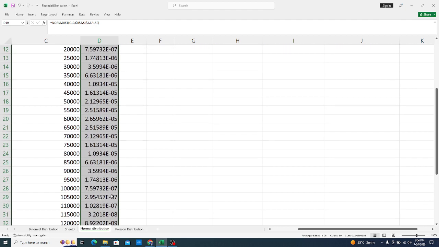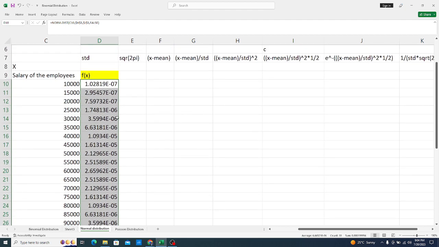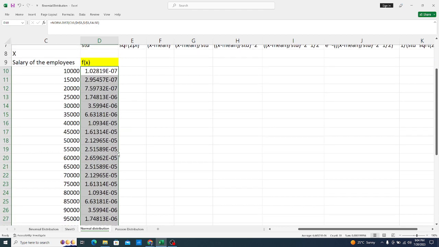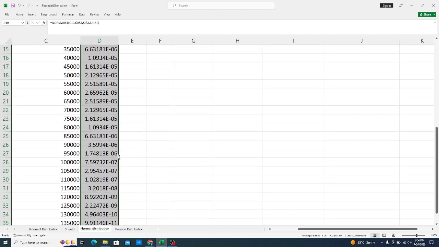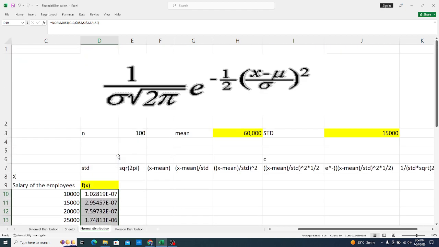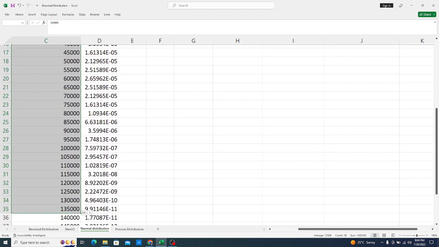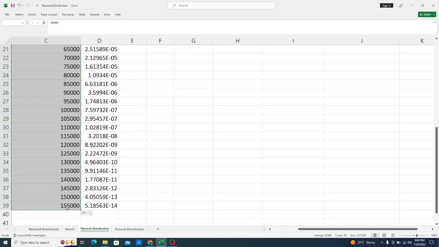Then you can see how the probabilities are looking. They are very small. If they are small, what does it mean? Does it mean we used a very high mean or a very low mean? Because when we check the average of these, you can see we are getting an average of 82,500.